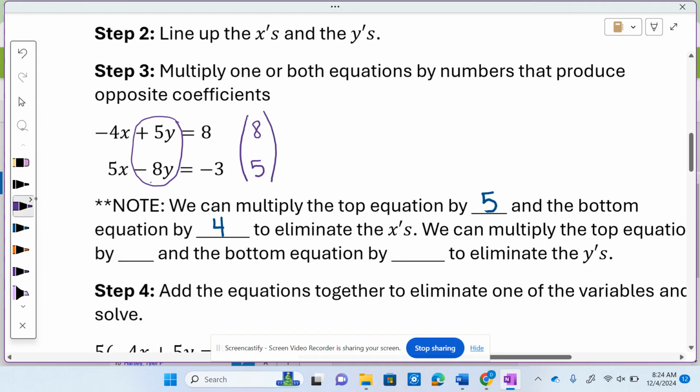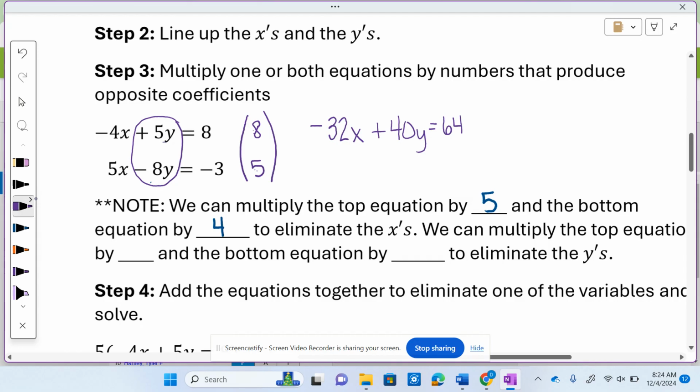So let's see what happens there. 8 times negative 4 is negative 32, so I have negative 32x. 8 times 5, that's a positive 40, so I have 40y. And 8 times 8 is 64. Okay.